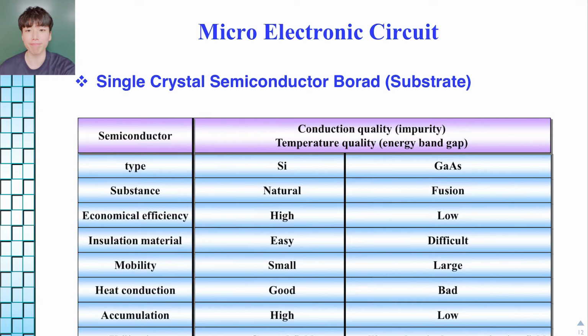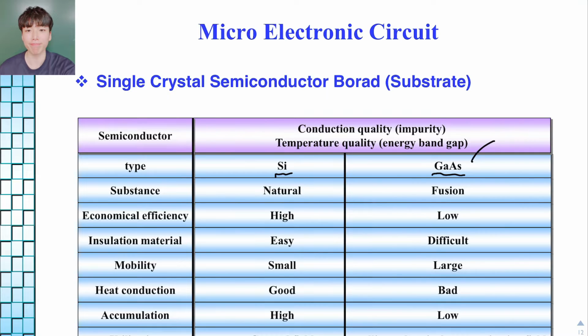And in microelectronic circuits, two kinds of material are popular. One is silicon and one is gallium arsenide. This cannot be used in digital. Silicon is a natural substance, has high economical efficiency, is easy to make, has small mobility and good heat conduction and high accumulation, and is used in general fields.